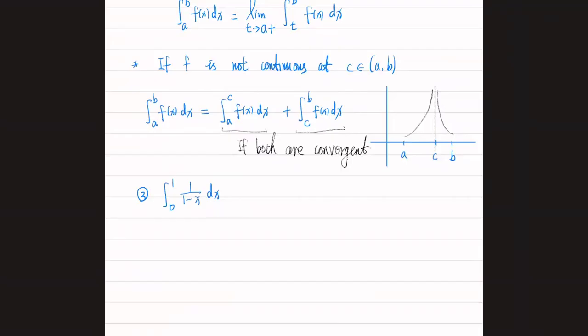Proper. Why is that? Oh, improper. We can say when x is 1, the denominator will be 0. It's not defined. Okay, so it's improper. So now to check whether it's convergent or not, we start with the finite one, 0 to t.